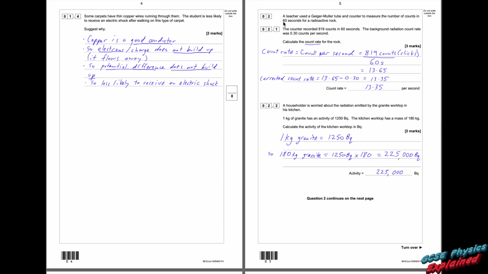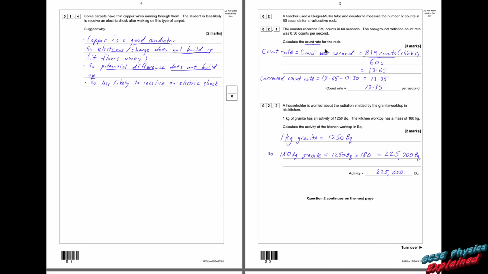Question 2. A teacher used a Geiger-Müller tube and counter to measure the number of counts in 60 seconds for a radioactive rock. The counter recorded 819 counts in 60 seconds. The background radiation count rate was 0.3 counts per second, so that means the background before the rock was put in it. Calculate the count rate for the rock. So the count rate is how many counts there are per second.